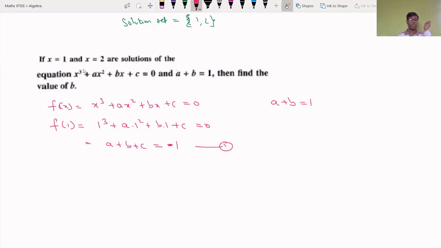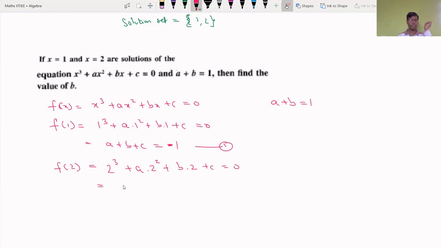Now he has also told us that x is equal to 2 is also a solution of this equation. So again, instead of x, we can replace the x with 2. We will get 2 cube plus a multiplied with 2 square plus b multiplied with 2 plus c is equal to 0.